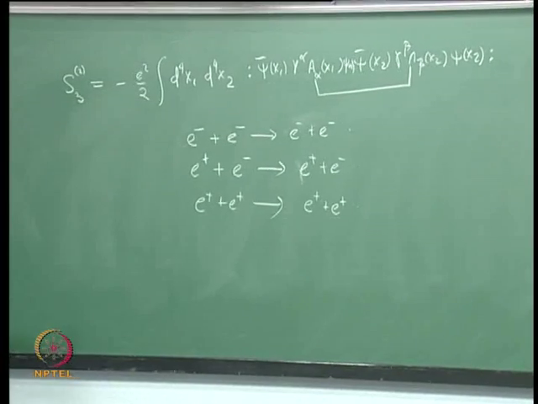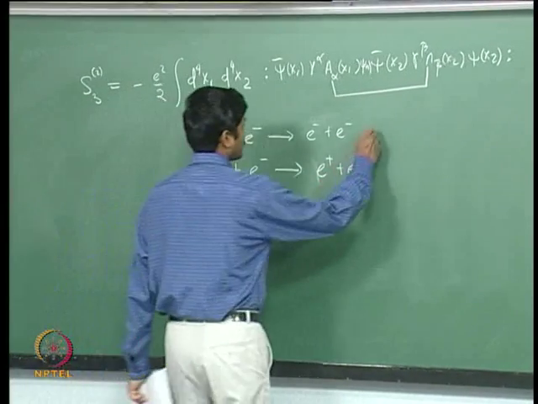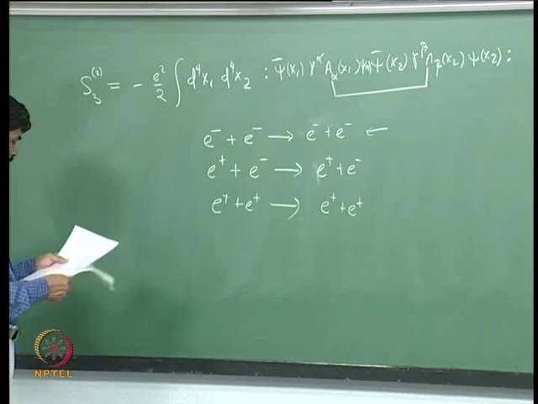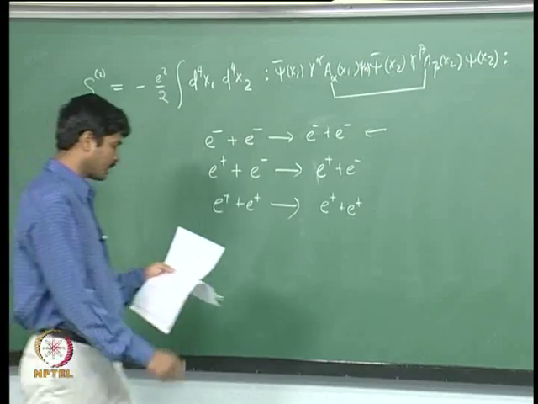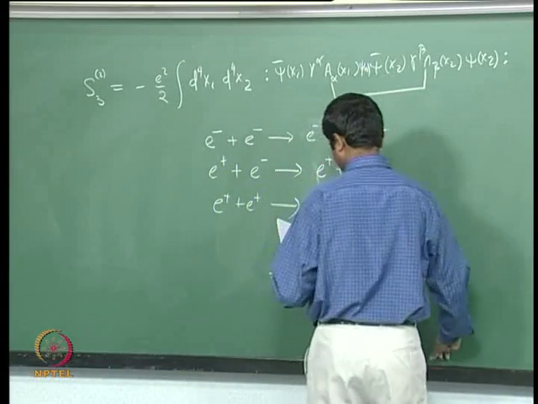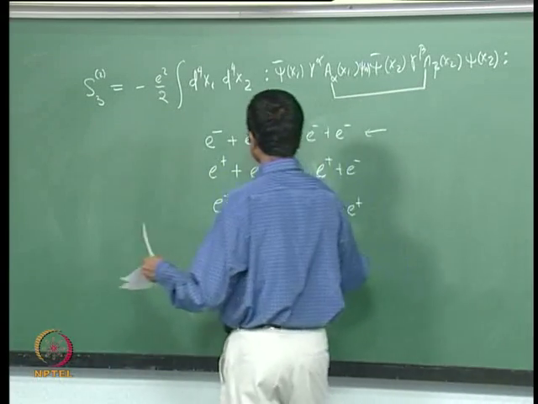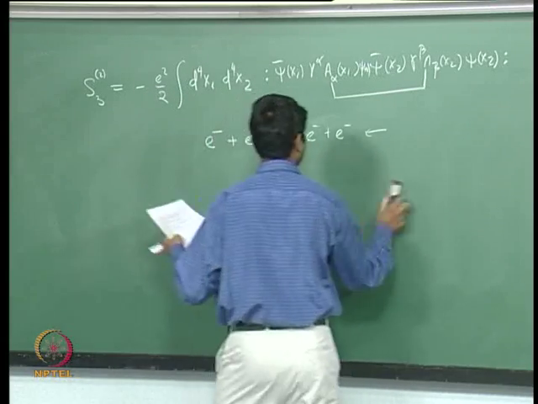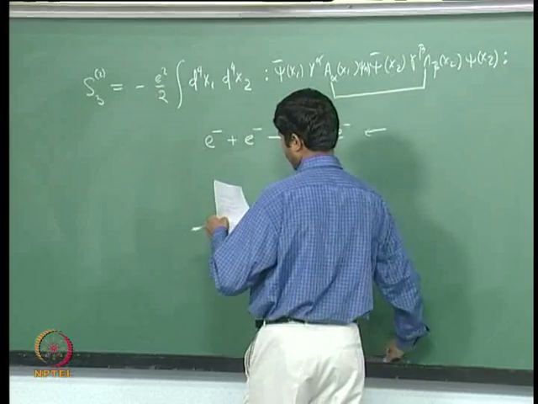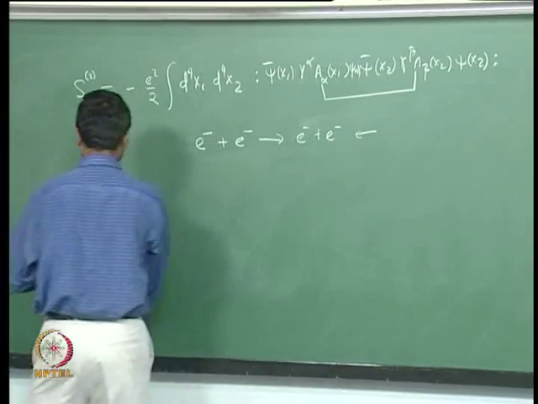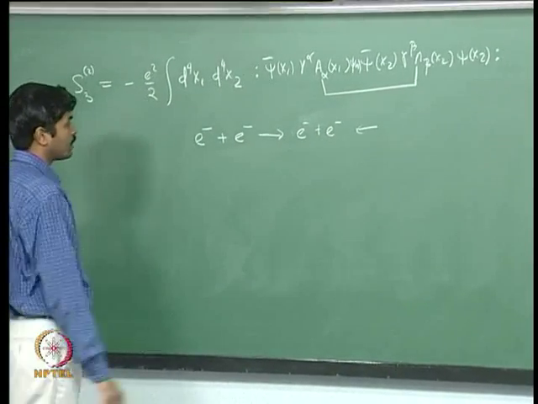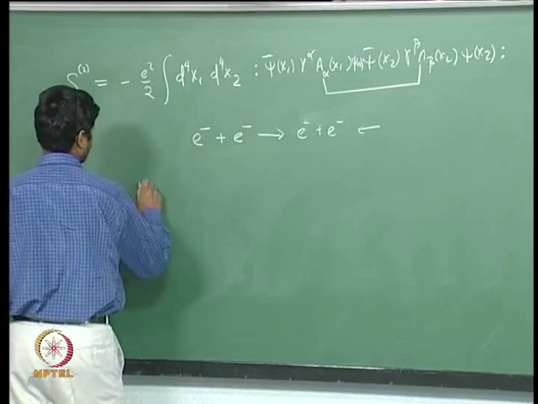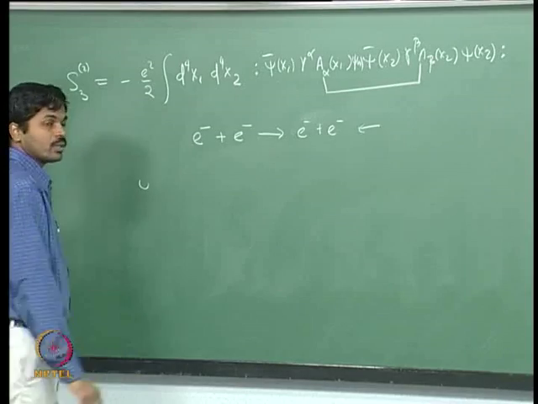Let us try to understand the electron scattering. Okay. So for electron scattering, what do you expect? What are the terms in the S matrix that should be there? You should have incoming electrons, so 2 incoming electrons and 2 outgoing electrons.